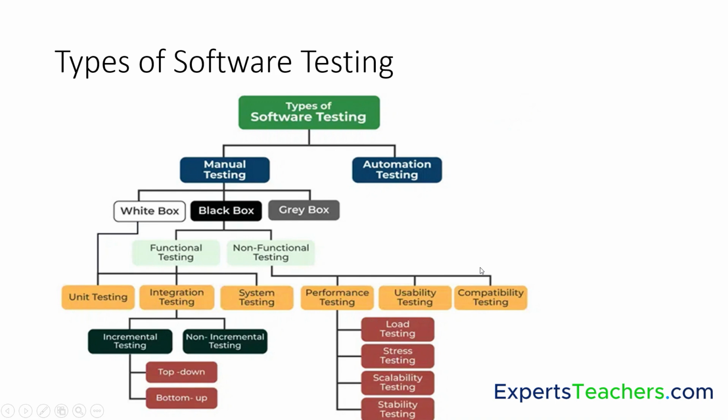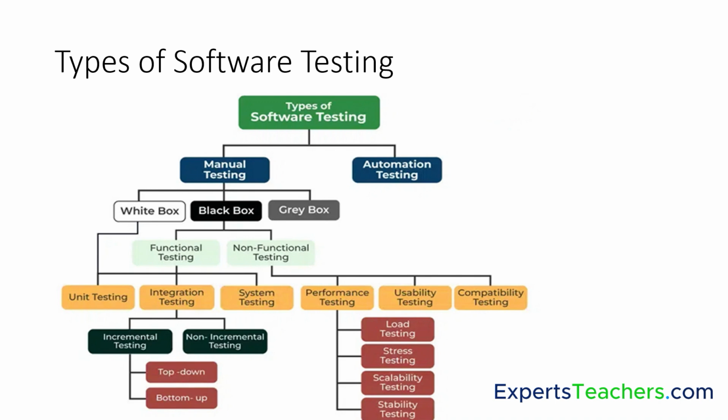These are the types of software testing. There are two types: one is manual testing, and another is automation testing. In manual testing, there is no use of any automation software, but in automation testing there is a use of automation testing software, for example Selenium WebDriver, QTP, LoadRunner, JMeter.